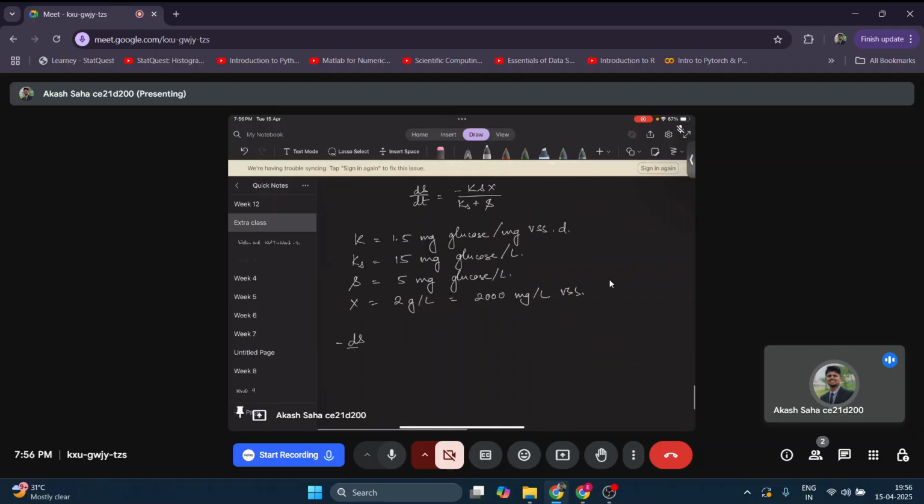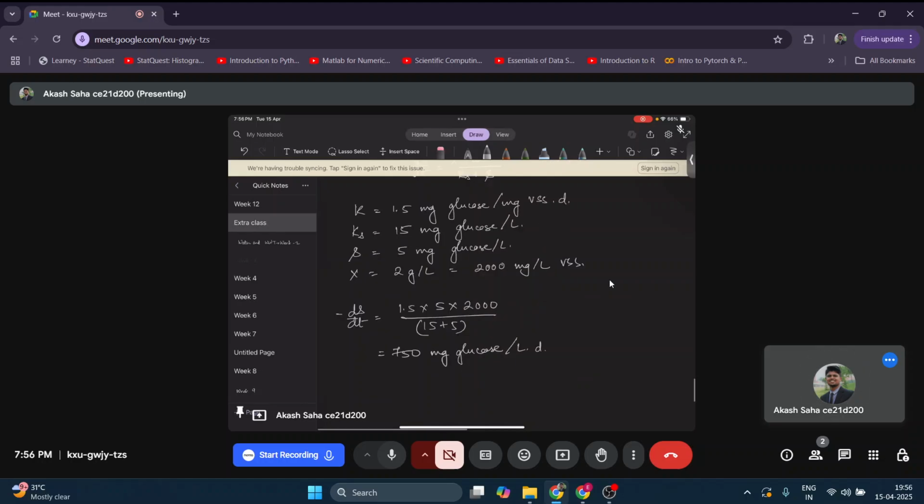So minus ds by dt will be equal to 750 milligram glucose per liter day, or you can say minus 0.